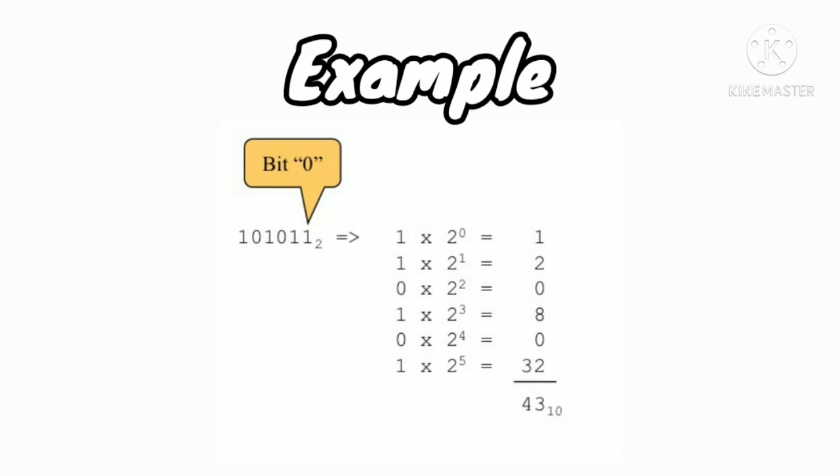Here 1 into 2 to the power 0 is equal to 1. 1 into 2 to the power 1 is equal to 2. 0 into 2 to the power 2 is equal to 0. 1 into 2 to the power 3 is equal to 8, and 0 into 2 to the power 4 is equal to 0, and 1 into 2 to the power 5 is equal to 32. So the total sum is 43 with base 10.